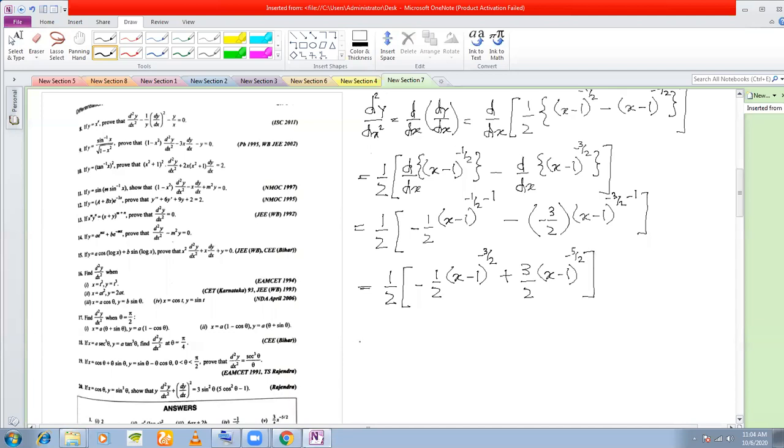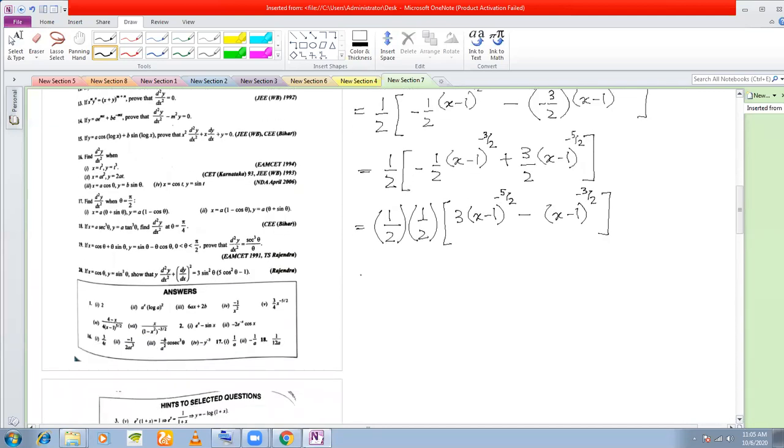Okay, so you can take half out again. Half is already there. You will get 1 by 4 of thrice x minus 1 to the power of minus 5 by 2 minus x minus 1 to the power of minus 3 by 2.